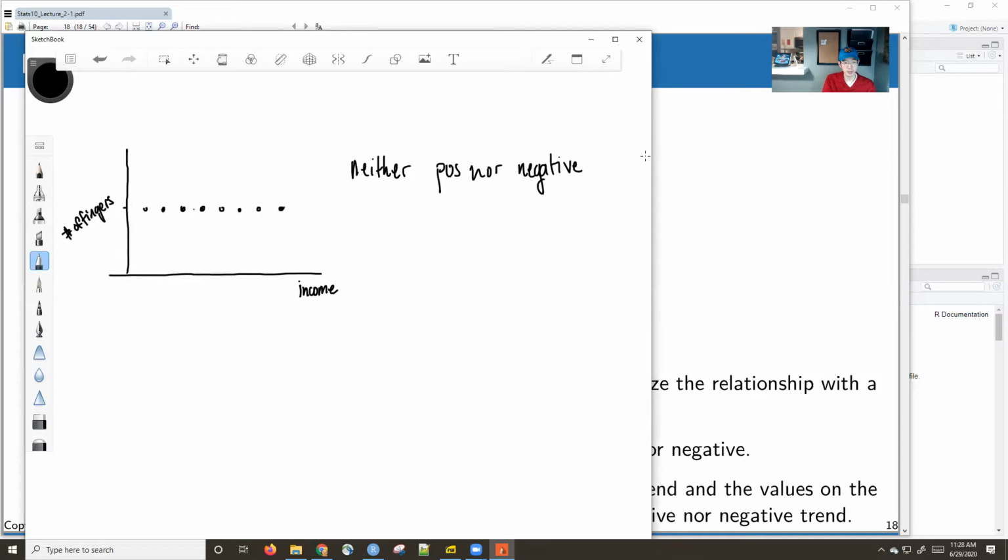Depending on your data set, and I recognize not everyone has 10 fingers, but perhaps in your data set, based on the people you've collected, all persons had 10 fingers, and you looked at the income level, and what we see is there's no association between income level and the number of fingers that these people have, right?